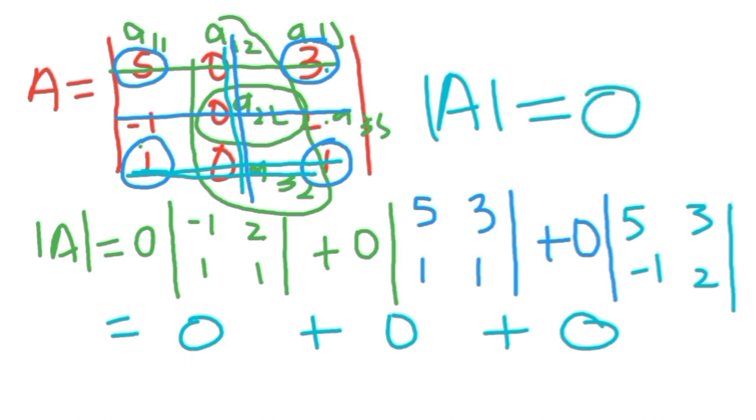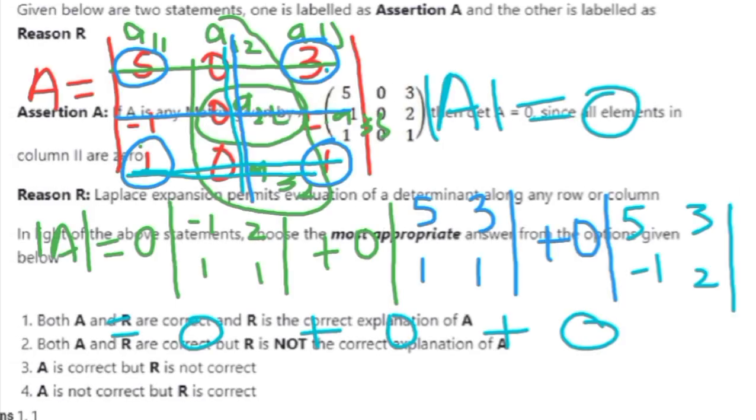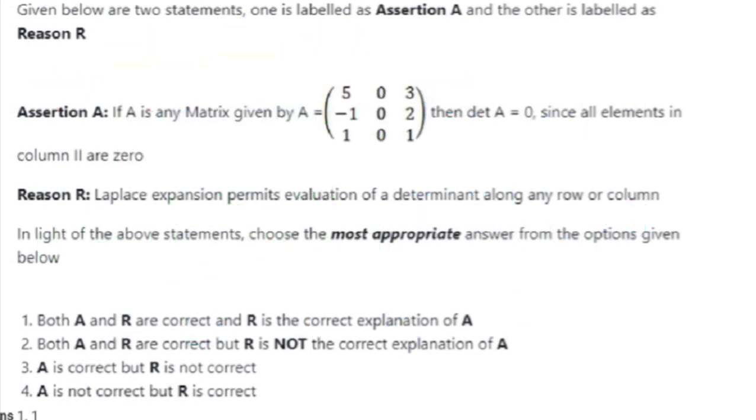0. So coming to the question: if A is the matrix given by this, its determinant is equal to 0. Yes, that's true. The reason was that Laplace expansion permits evaluation of the determinant along any row or any column.